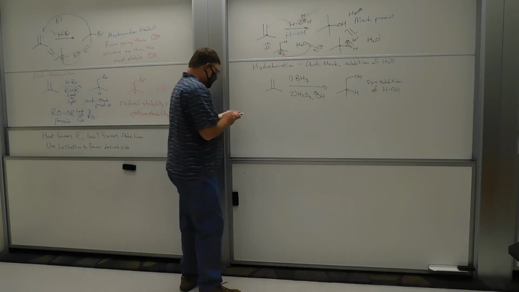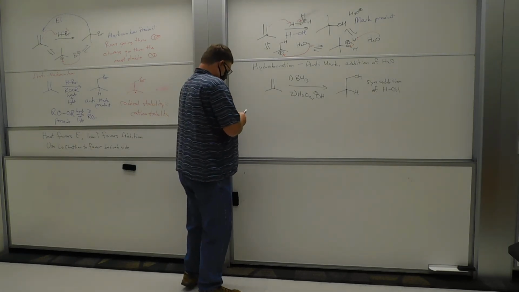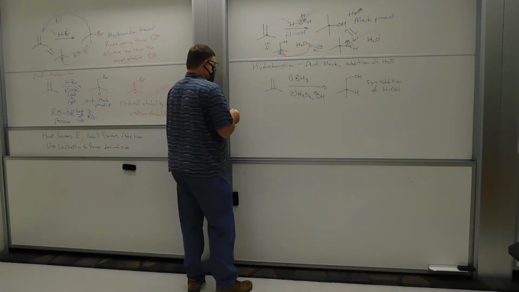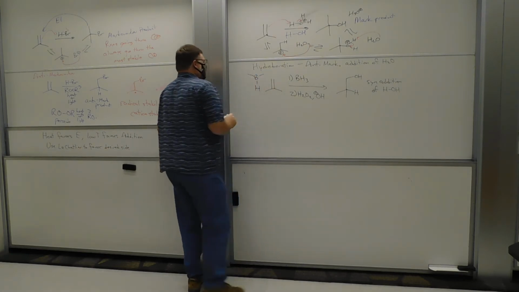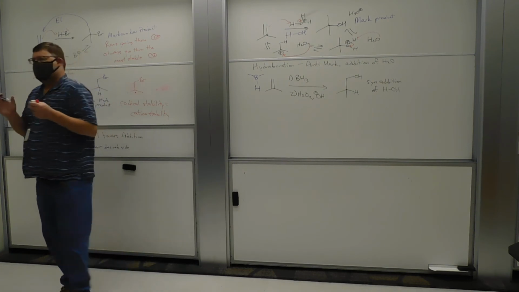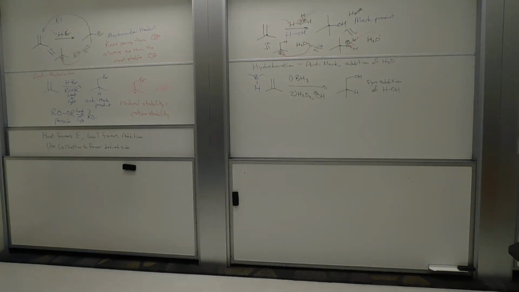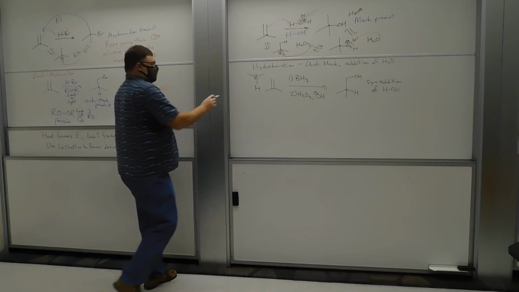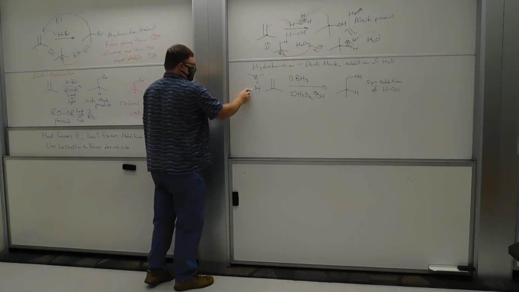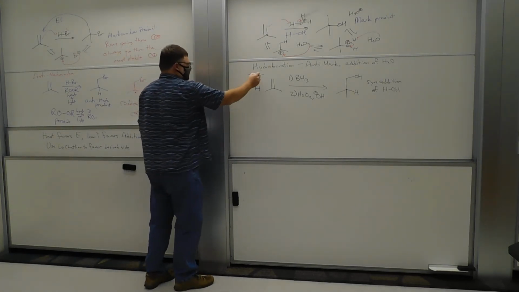And what happens here, this reaction doesn't require BH3. It requires a BH bond. So you need a neutral boron bonded to an H. These other groups can be whatever.